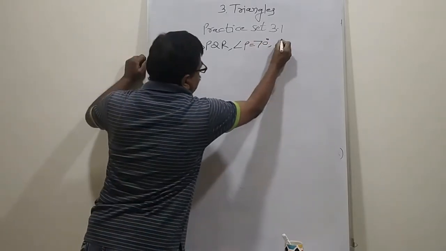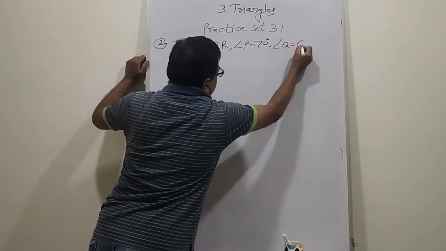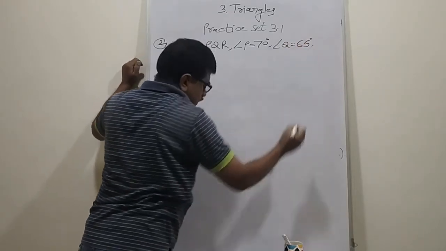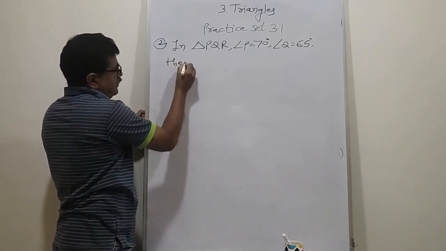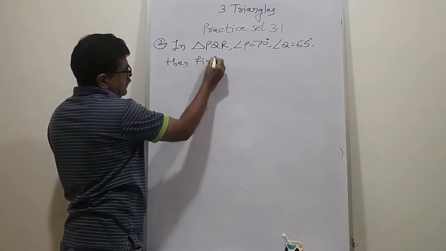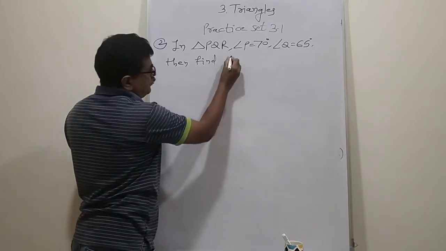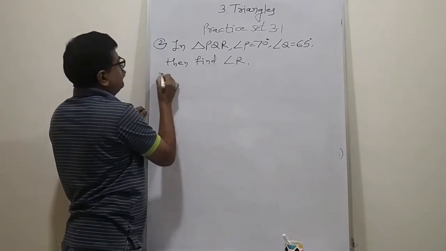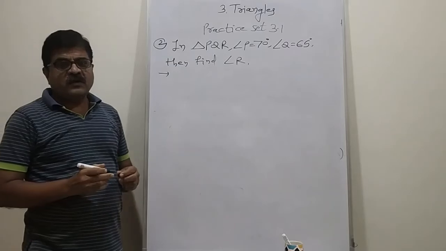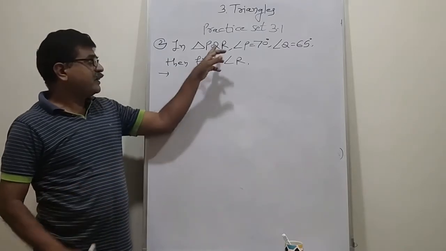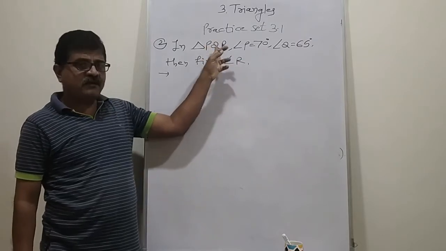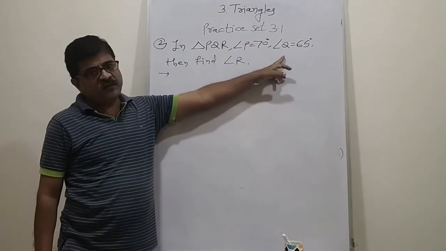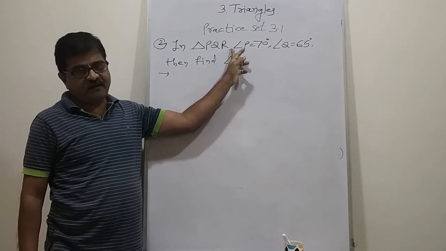Angle Q is equal to 65 degrees. Then find angle R. Now here we have given in triangle PQR two angles, that is angle P and angle Q. We have to find this third angle.